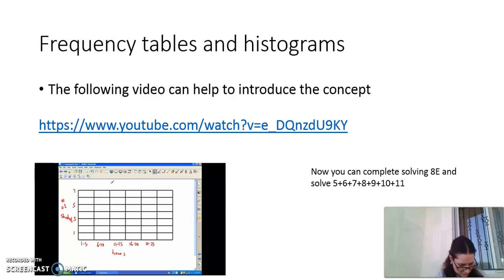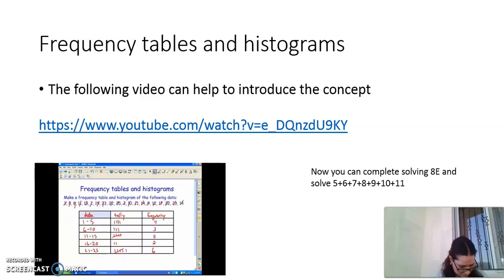And then I would title my histogram maybe hours worked on homework. But I always must label both axes, the bottom and the side, and I must title my graph every time I make one. And now I'm just going to go and make my bars.